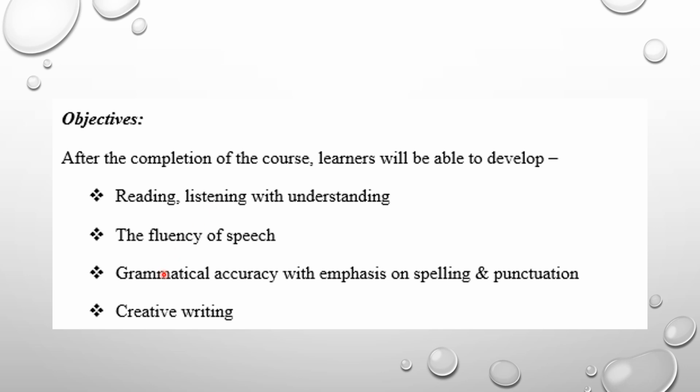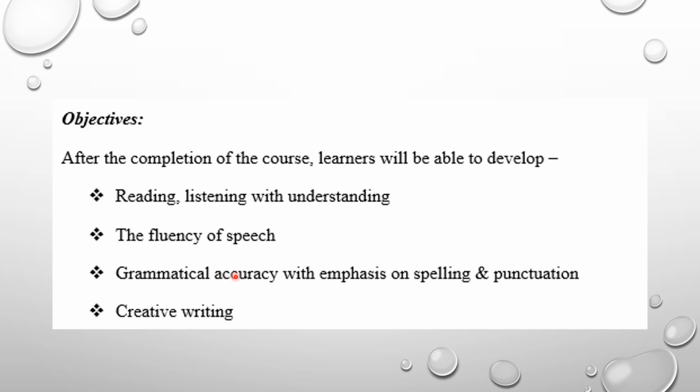Point number 3, grammatical accuracy with emphasis on spelling and punctuation. What is grammatical accuracy? Accuracy means correctness, appropriateness. When we write something, we are writing it correctly or incorrectly. Grammar will help us. When we speak with a person, whether our speaking is correct or incorrect, grammar will help us.